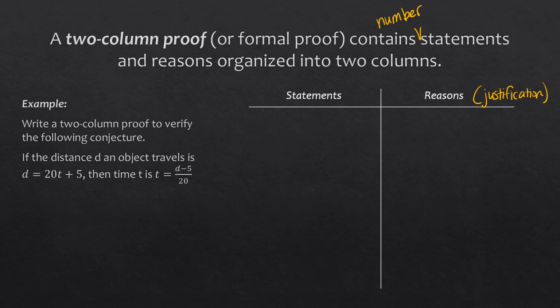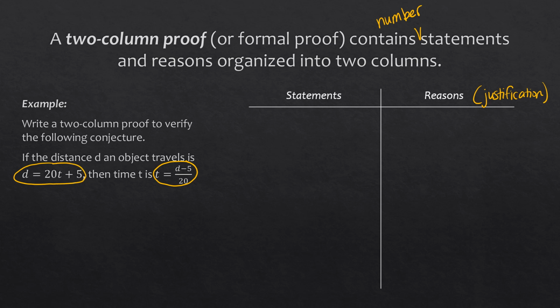So basically, this is like what we did in our warm-up. What we want to prove is that t equals d minus 5 over 20 if the information we're starting with is that d equals 20t plus 5.